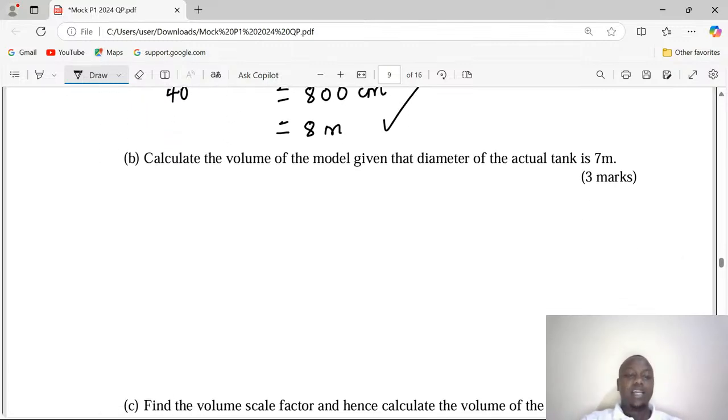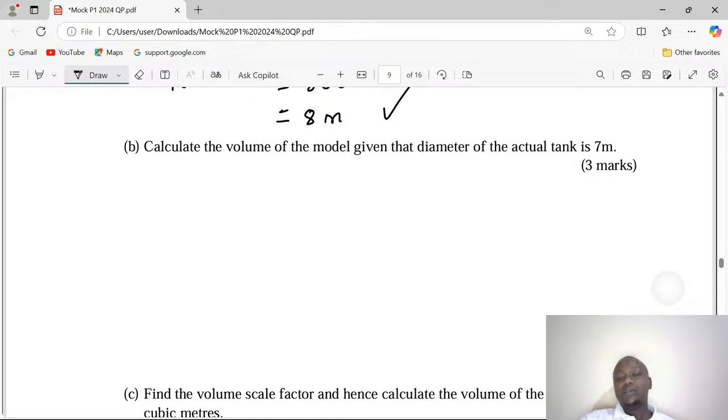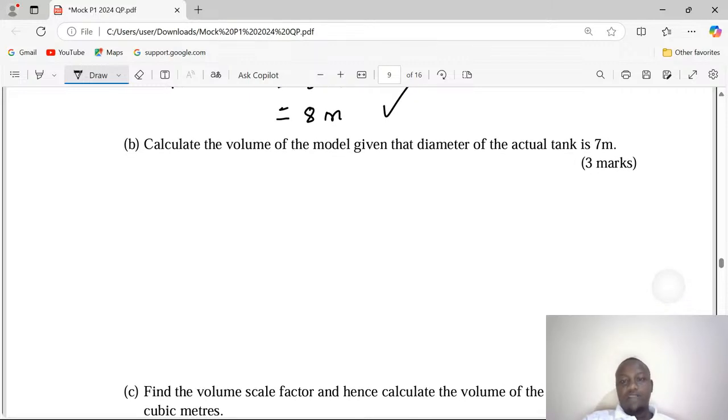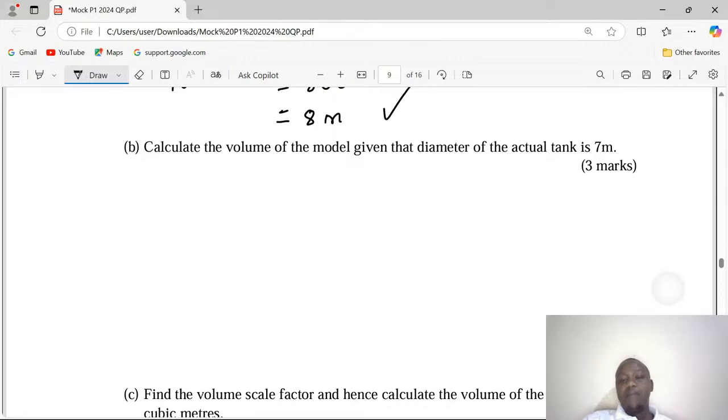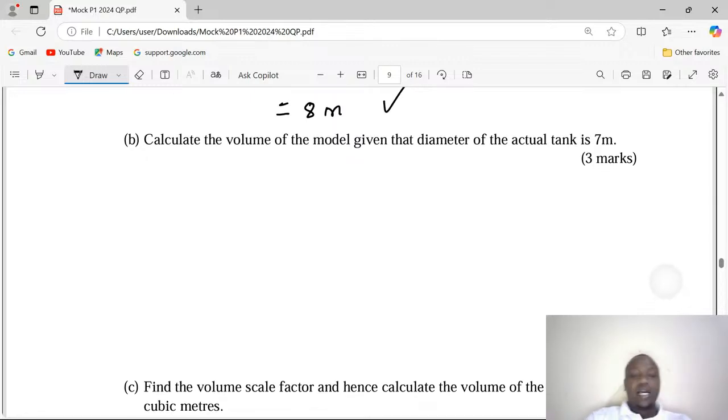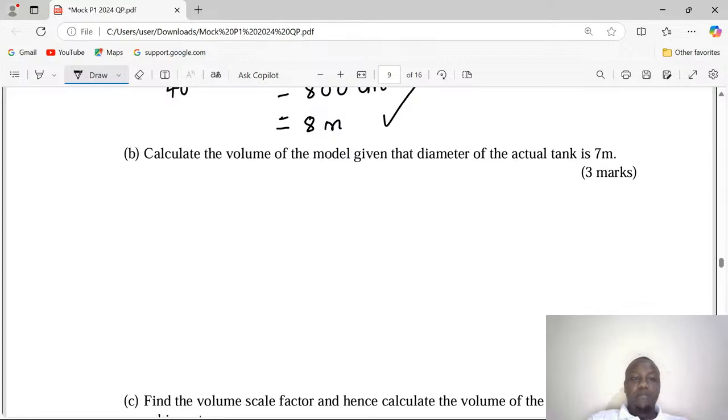Learners will benefit. Calculate the volume of the model given that the diameter of the actual tank is 7 meters. With the diameter of the actual tank, we can get the diameter of the model.